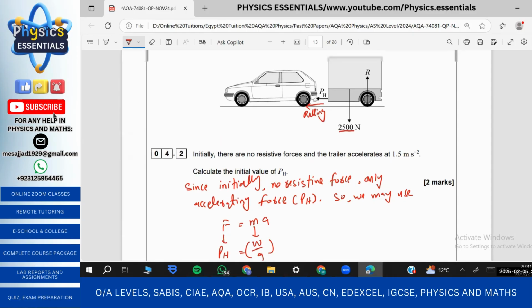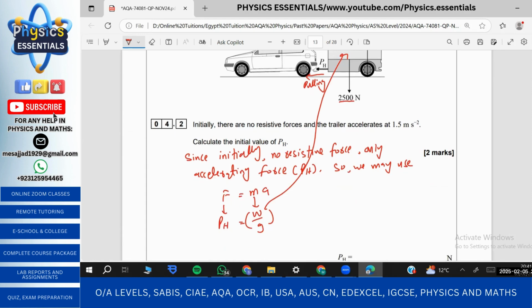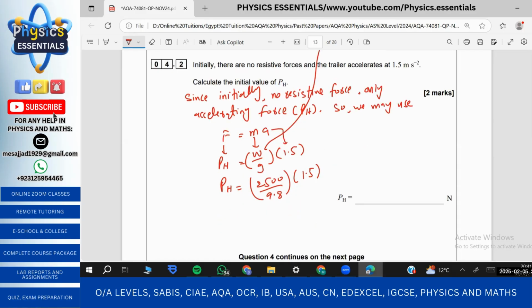The acceleration is being produced in the trailer, so we have to consider its mass. And the acceleration is 1.5, so PH equals 2,500 divided by 9.8 into 1.5, and the answer is going to be 382.7 newtons.